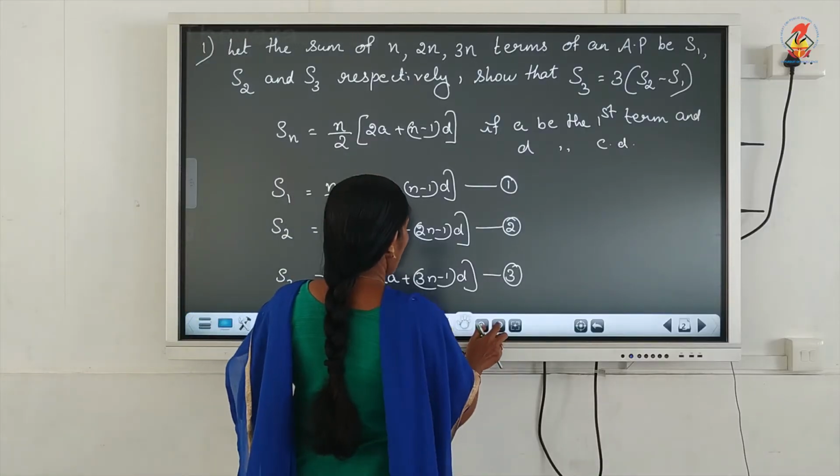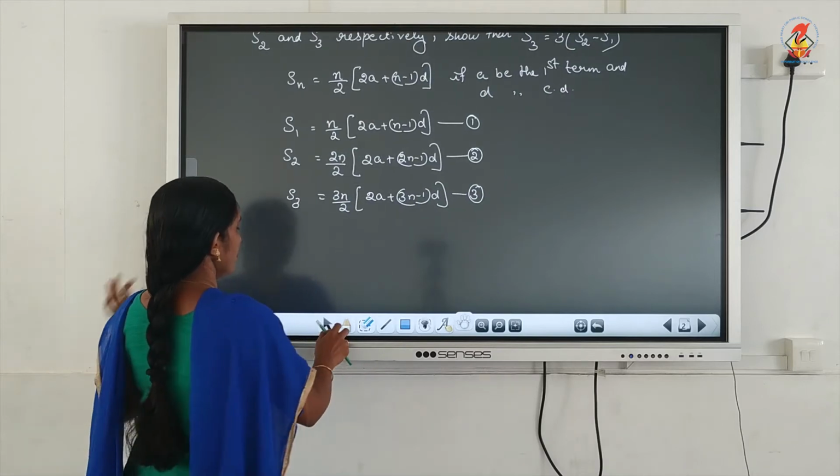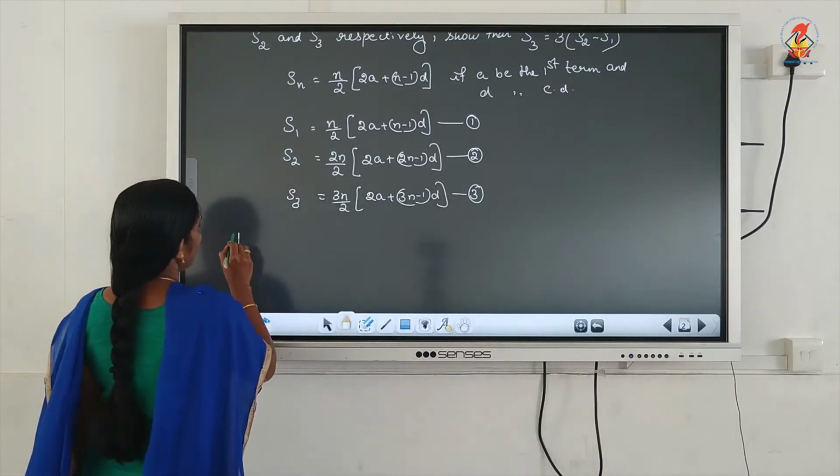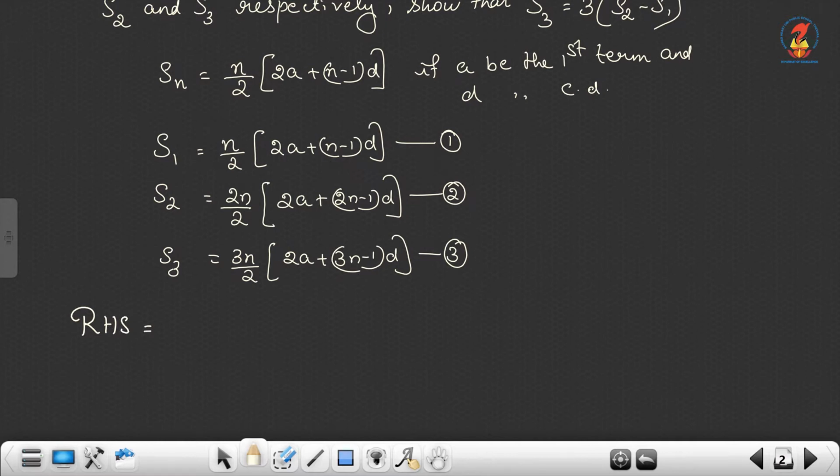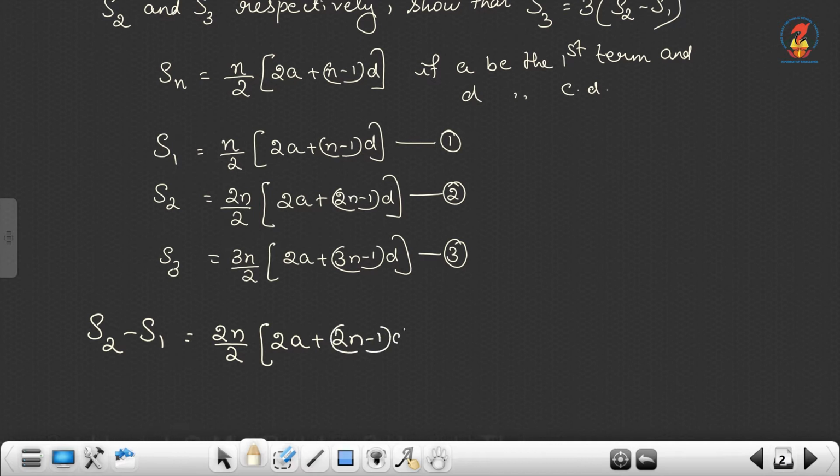So, we can take RHS. RHS part is, first we can find S2 minus S1. What is S2 minus S1? 2n by 2 into 2a plus 2n minus 1 into d, minus n by 2 into 2a plus n minus 1 into d.